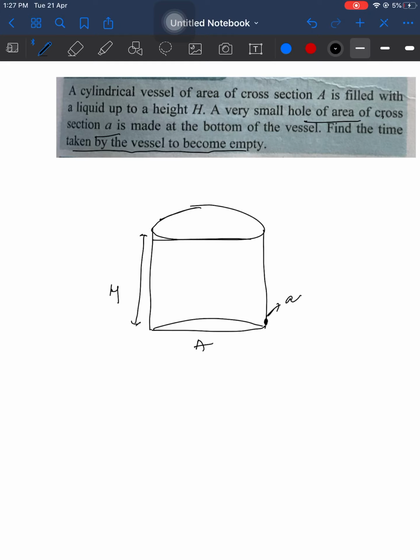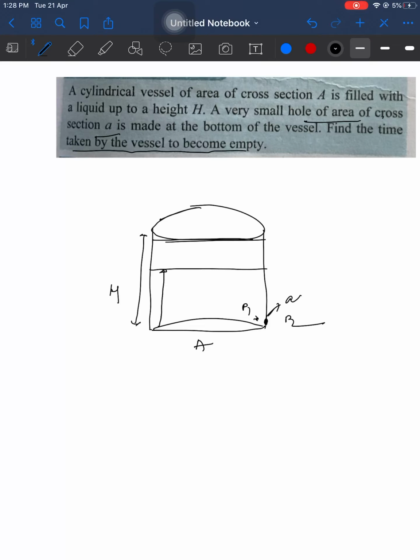It is filled up to the total height. We'll write equations for P1 and P2. Velocity is, as we know, square root of 2g. As per the question, the height in the container is continuously changing.